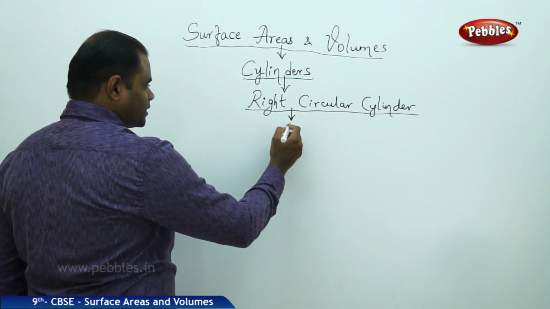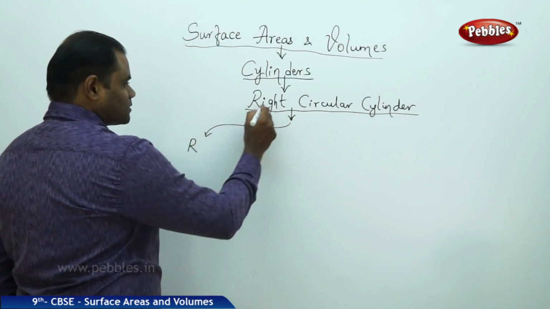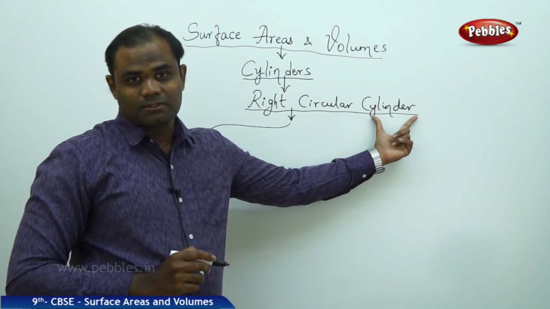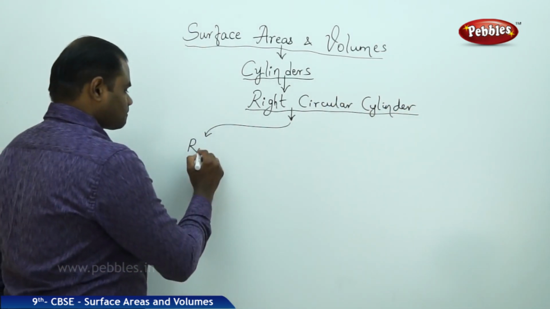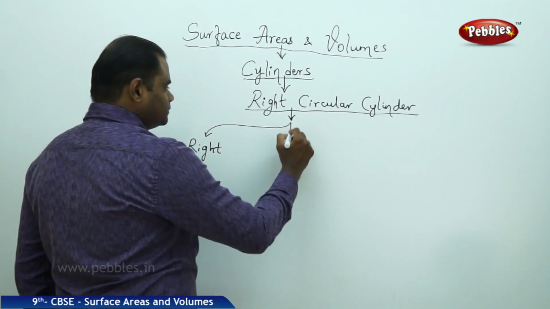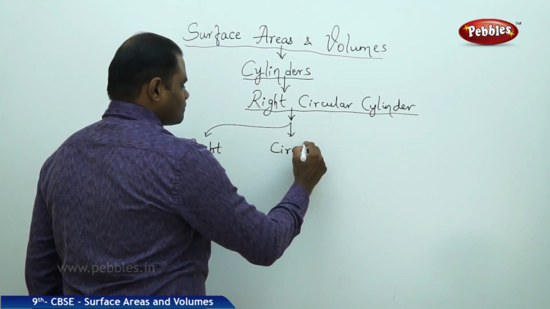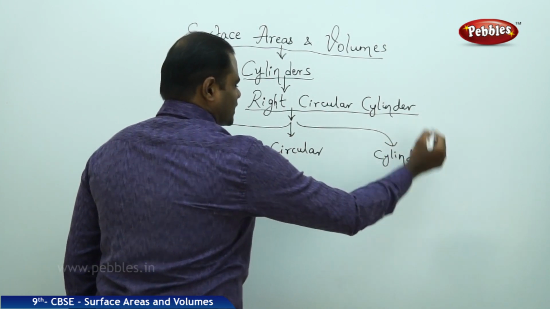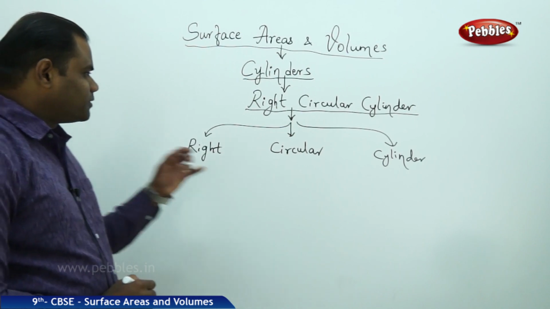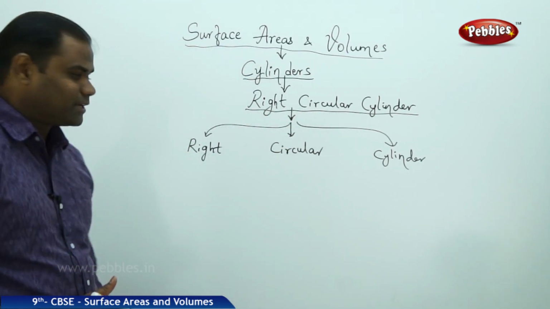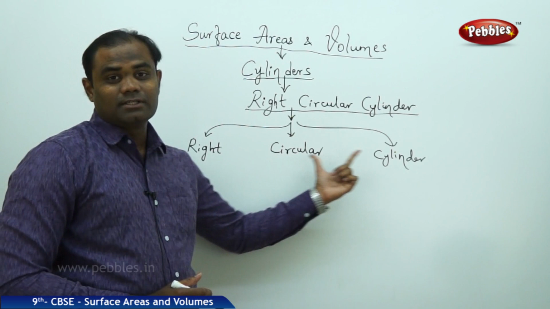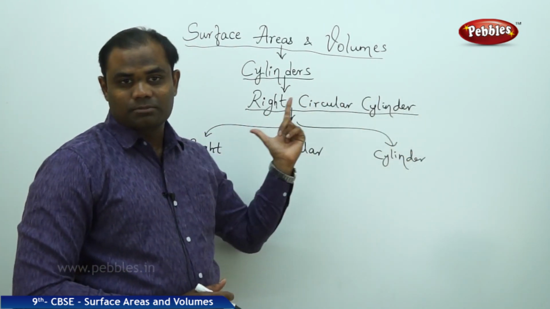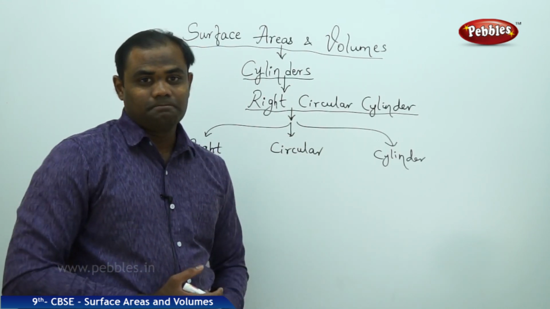In a right circular cylinder, I have three different things: the one which is right, the one which is circular, and of course, the cylinder. So we differentiate a right circular cylinder into three classifications. Let's understand each of these to understand the whole concept of a right circular cylinder.